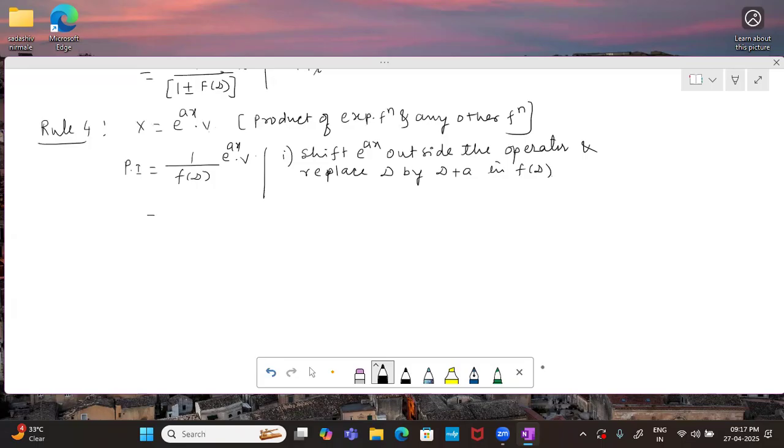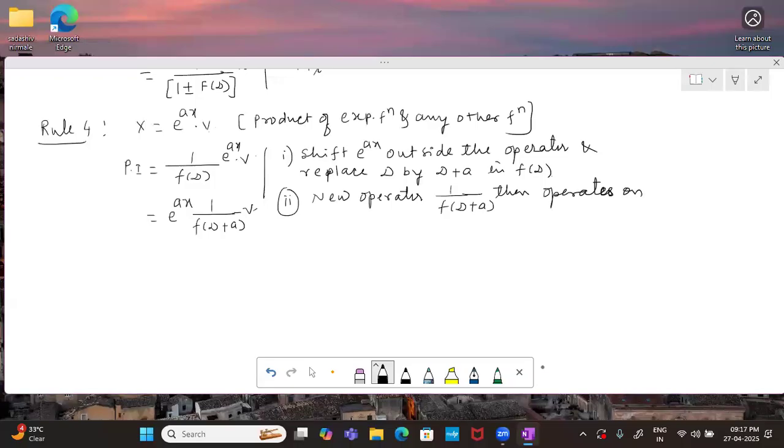It means you write this in this form, e raised to ax, and at the same time D is replaced by D plus a, operating on v. In the second step, the new operator 1 upon f of D plus a then operates on v. That is the second step.